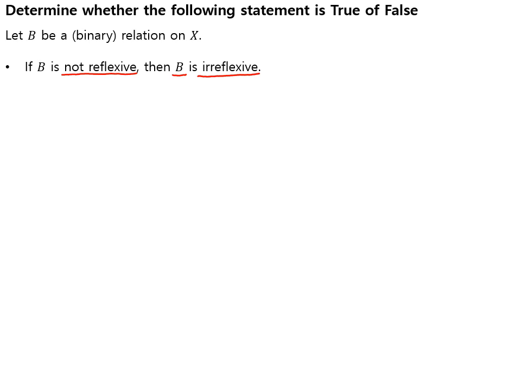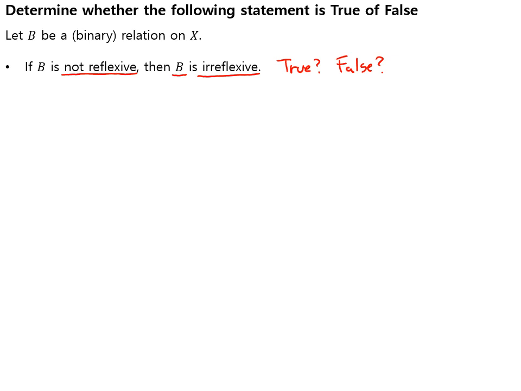Okay? So what do you think? Is this true or is it false? Pause for a minute and try to think for yourself before you move on. So what do you think?